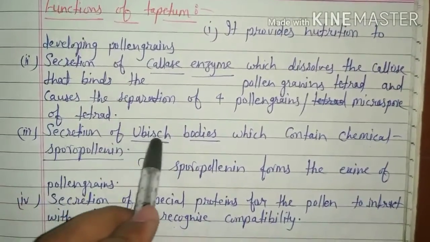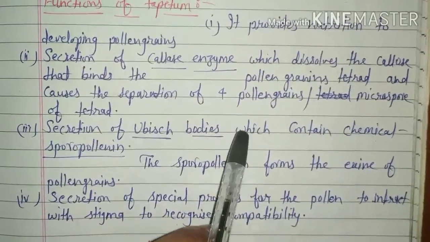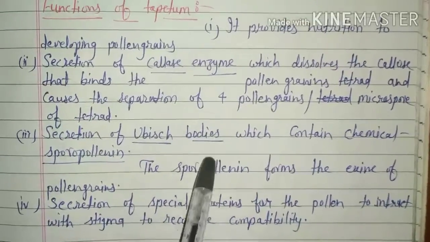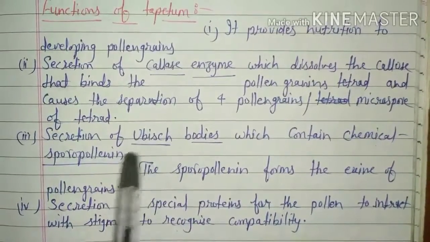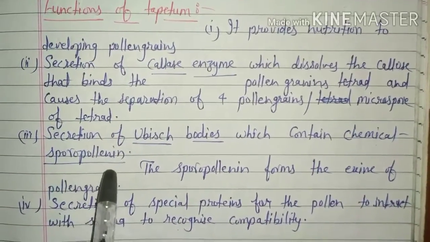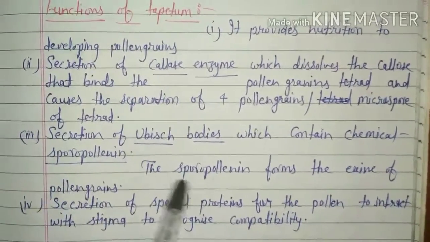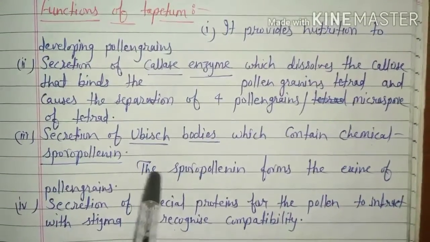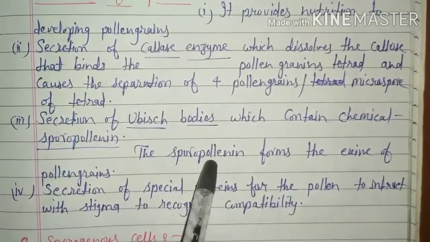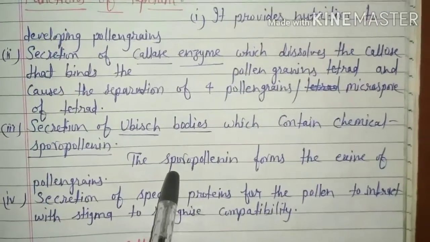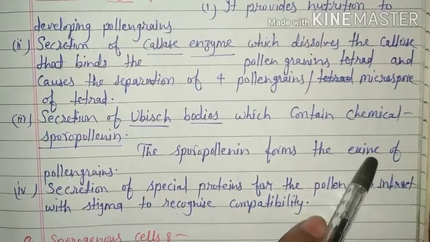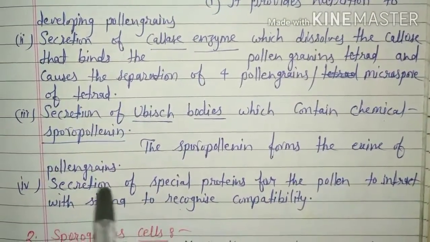Third function, tapetum secretes Ubisch bodies, which contain fatty substance and form sporopollen chemical. The sporopollen is the hardest substance and it is the outer protective covering of pollen grains, forming the exine or outer layer of pollen grains.